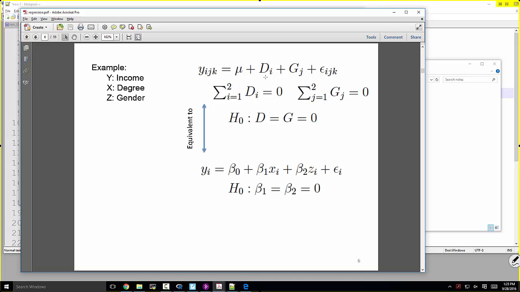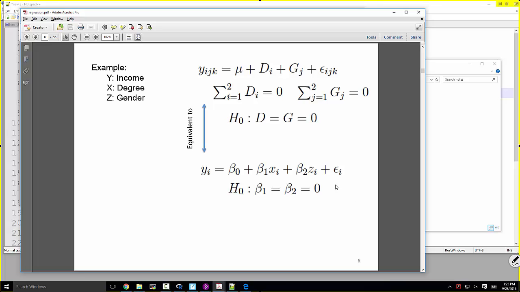But this here is another way of saying Anova. This is an Anova model. The Anova null hypothesis is that all the terms other than that intercept or overall mean are equal to 0. There is no difference between the means that we're considering. And that also can be written equivalently as a regression model. So Anova is regression.